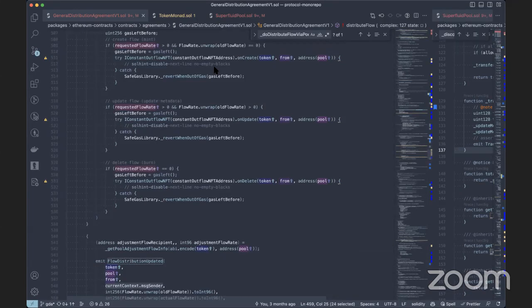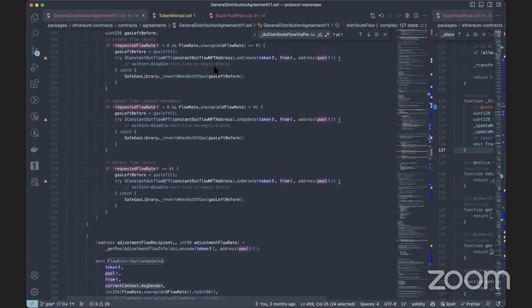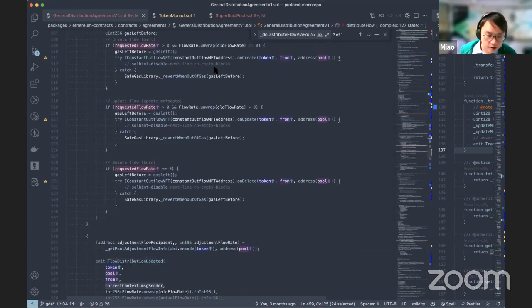But wait, isn't that what flow rate is? Flow rate is, but the approve is not. Allowance is a fixed number. Right. So yeah, the allowance can be functionalized, made reactive to time.